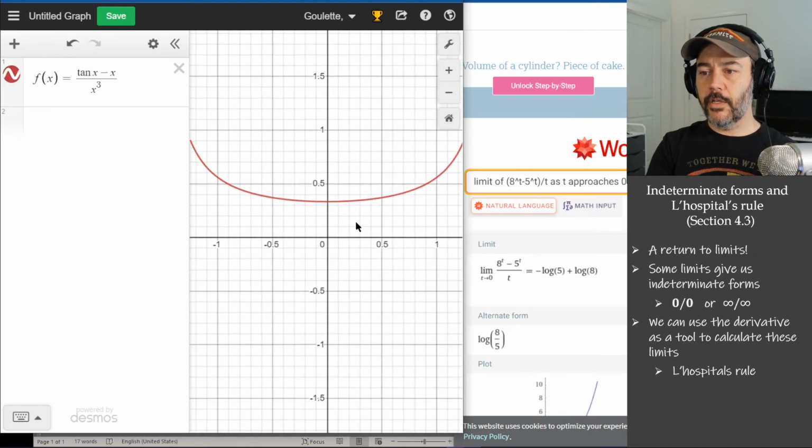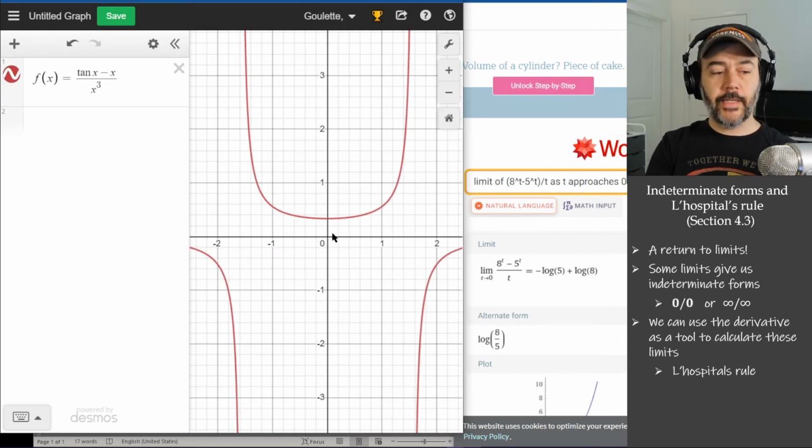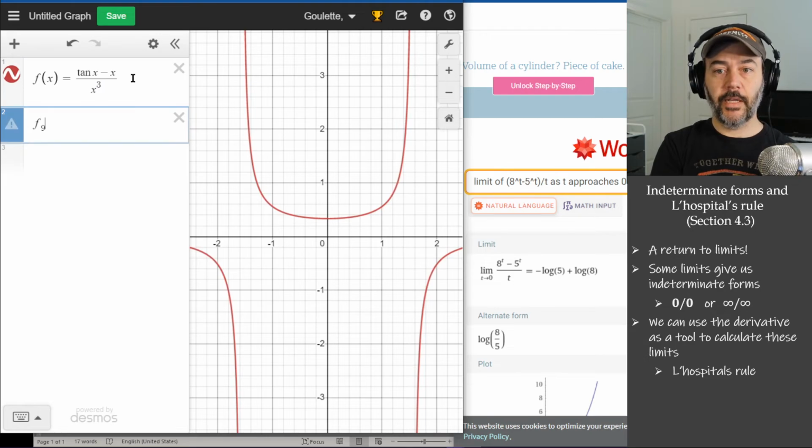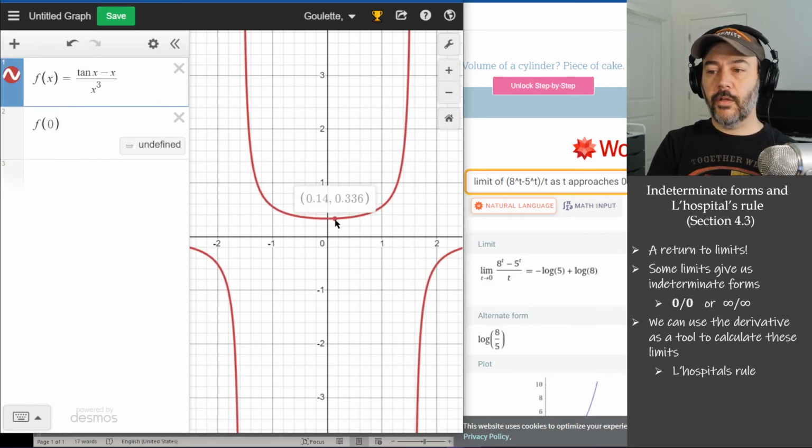First off, do you notice at x equals 0, the graph is definitely reaching a finite value. There's no vertical asymptote. But we do know that it's undefined at 0. So if we actually tried to plug in f of 0, it would be undefined. It doesn't know what to give you.